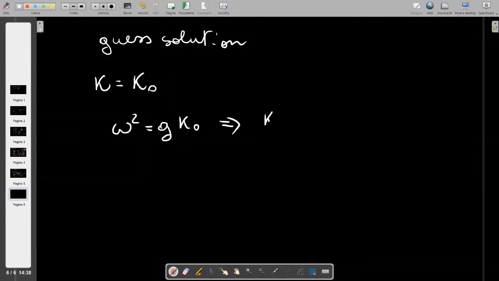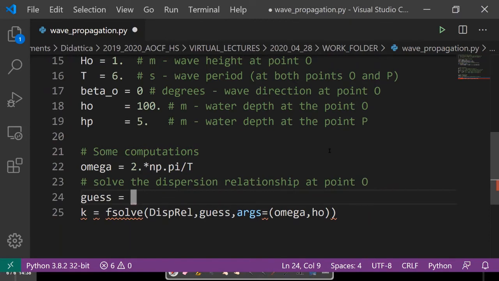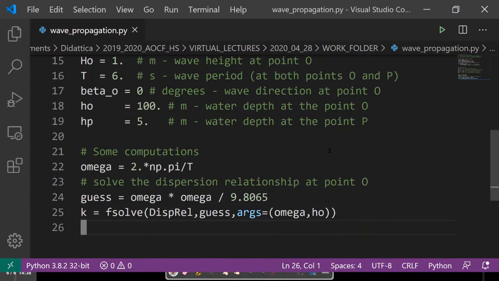So a good guess solution is equal to omega squared over G. So the guess solution can be omega times omega over G. In this case, the script should compute the correct value of K.